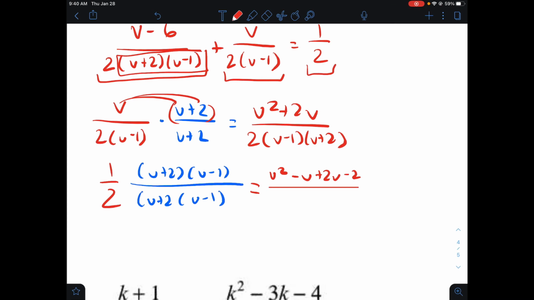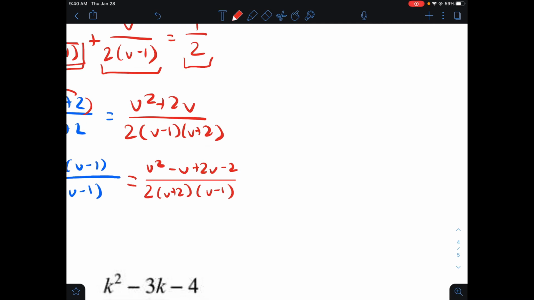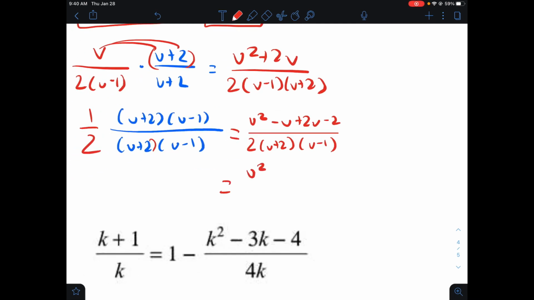And then this is all over 2 times v plus 2 times v minus 1. And then we can actually go ahead, excuse me, and combine some like terms here. So we get v squared plus v minus 2 all over 2 times v plus 2, v minus 1.